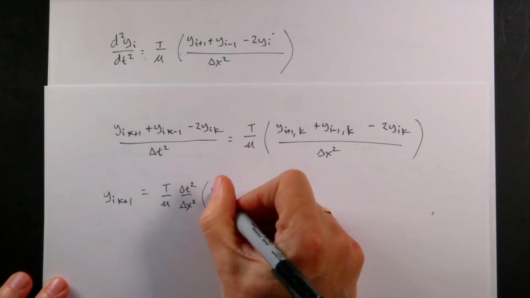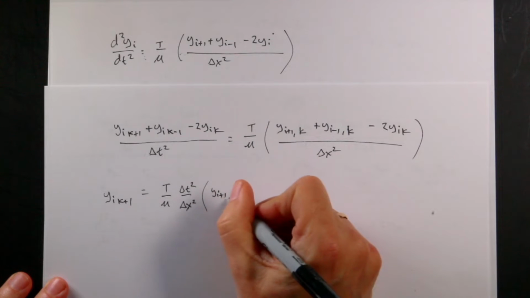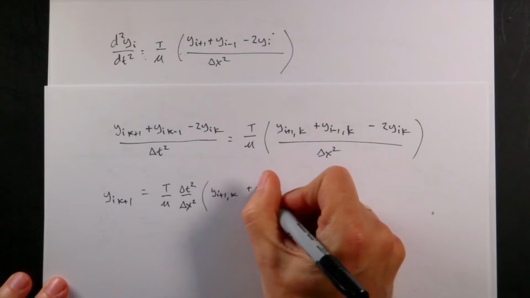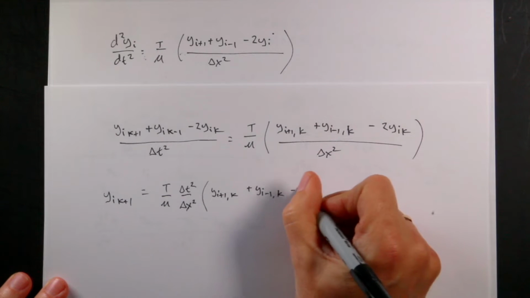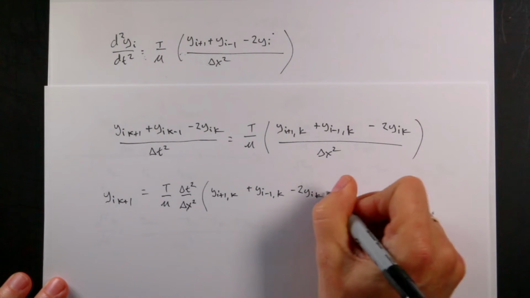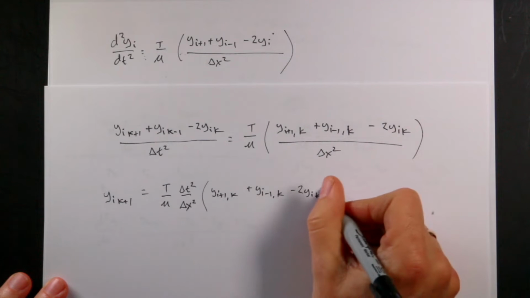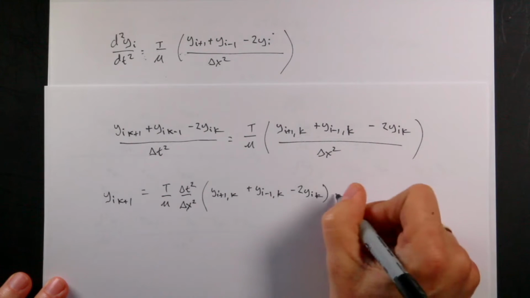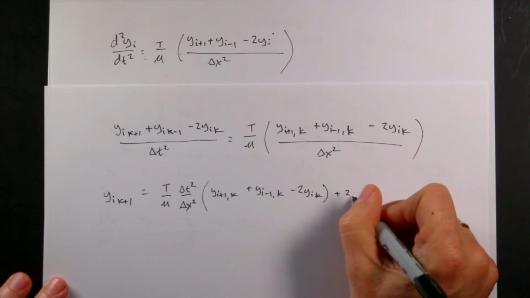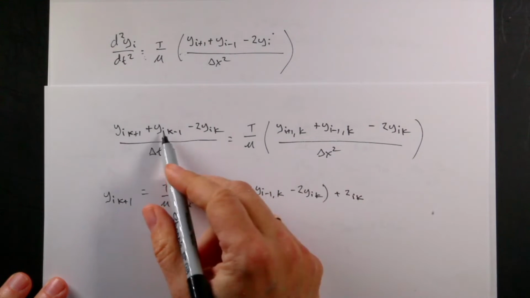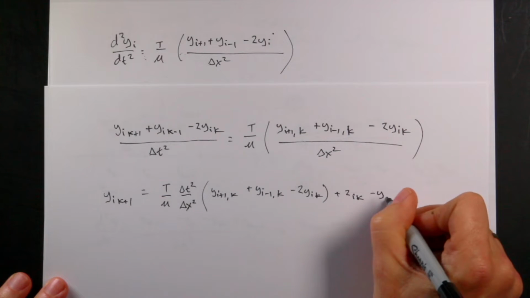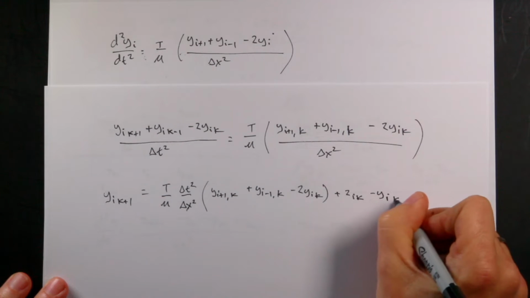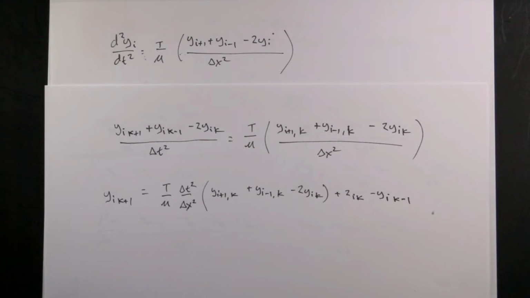So I have y_(i+1)^k plus y_(i-1)^k minus 2y_i^k. And then I have to subtract this stuff, so I get minus y_i^(k-1).